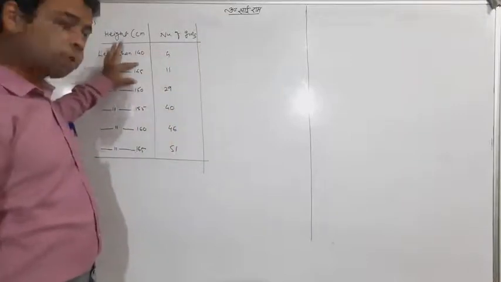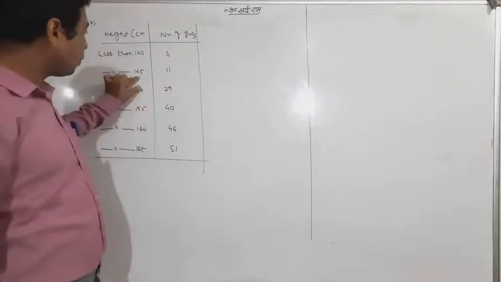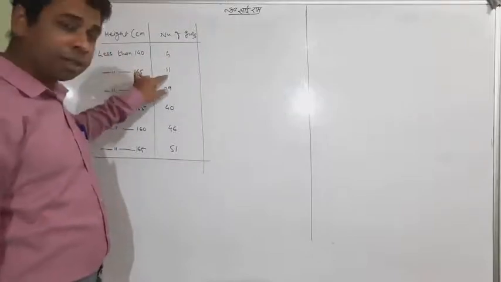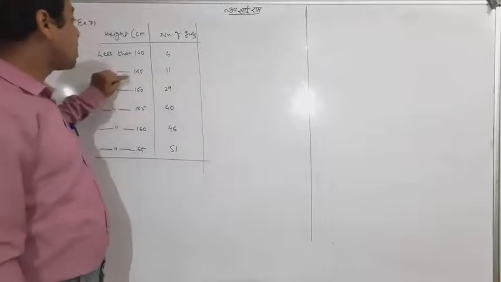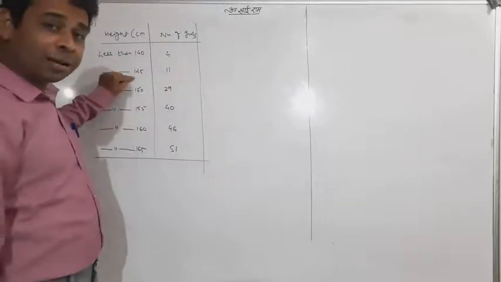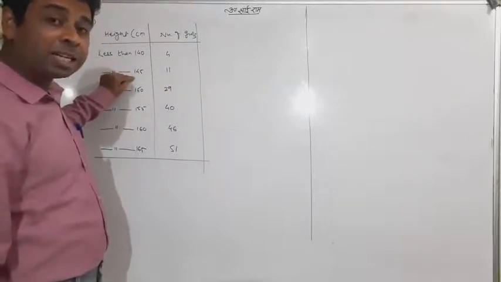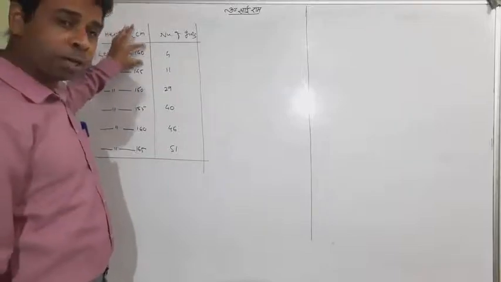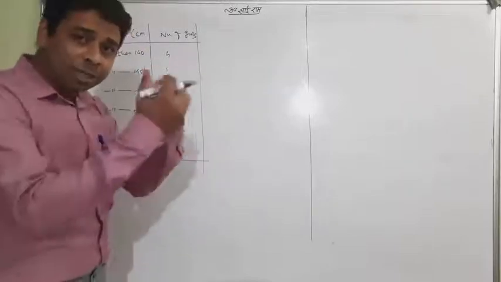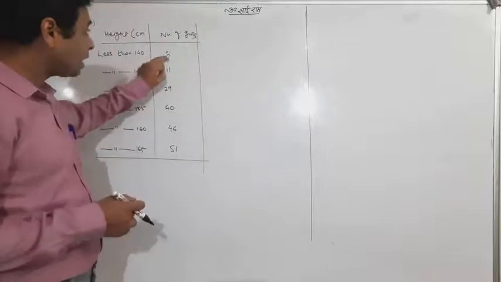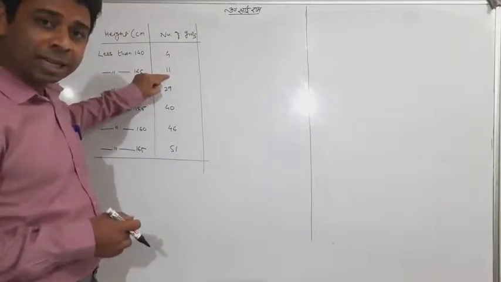But the next sentence is very important. Less than 145 centimeter are 11. But one should understand that less than 145 also contains less than 140, so definitely this 4 is also belonging in 11.